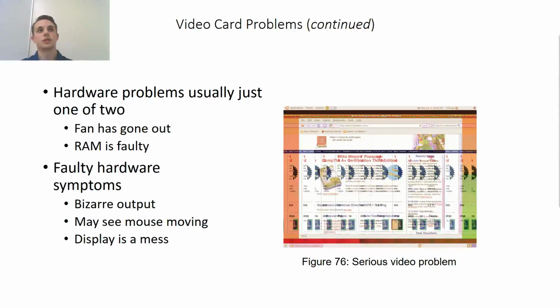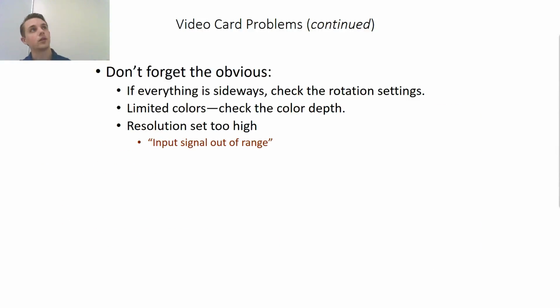So if the fan has gone bad, it just gets really hot and starts kind of glitching out. Faulty hardware symptoms, so you kind of see garbage like this on the screen. That's really bad. I've never seen something that bad. I've seen stuck pixels like they describe.